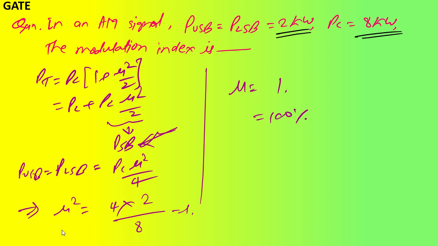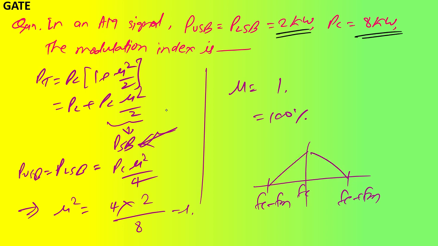Okay, so this is the very important thing that you have to understand. The total power in AM signal is related to the carrier power plus the sideband power, and sideband power is PC times mu square by 2, and this sideband power is a combination of your USB signal as well as LSB signal. How does it look like? Like, let's say this is FC, this is FC plus FM, and this is FC minus FM.